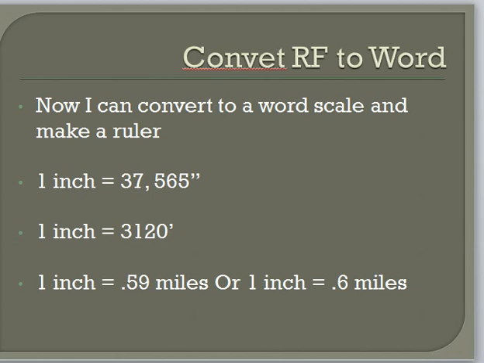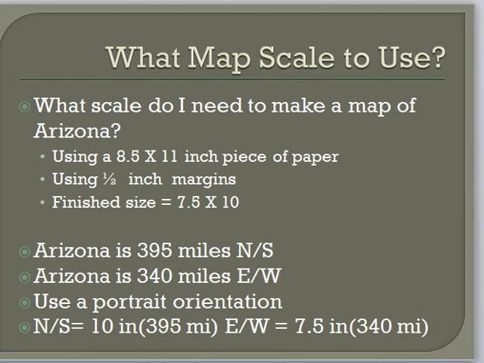The last kind of scale adjustment that you're going to do is to be able to determine which map scale is needed to fit a specific area on a given sized piece of paper. So let's say I want to make a map of Arizona, and I want to print it out on a piece of paper that's 8.5 inches by 11.